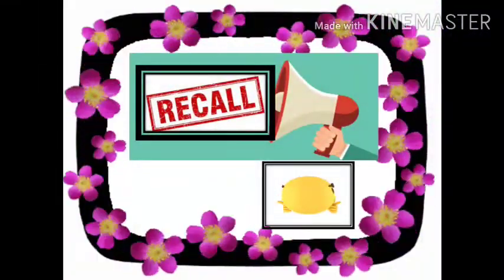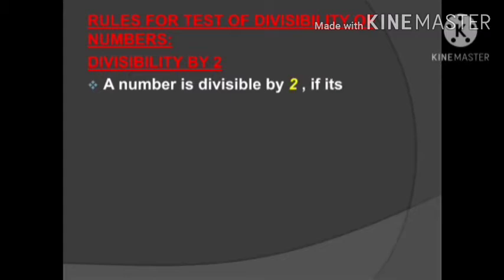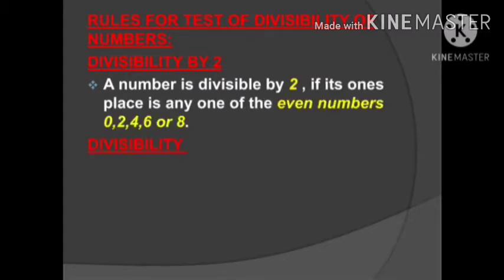Now let's recall what are all the topics we have discussed in the last session. Then, rules for test of divisibility of numbers. Divisibility by 2. A number is divisible by 2 if its ones place is any one of the even numbers 0, 2, 4, 6 or 8.